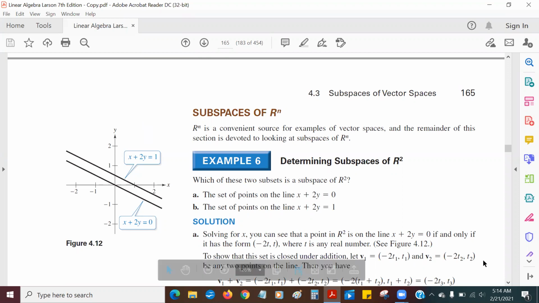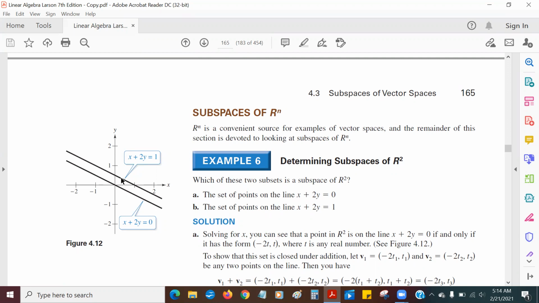So here's what we're going to say. The truth is there's a lot of ways I could show that the top line is not a subspace, because for one reason, it doesn't go to the origin. Now, who cares if it goes to the origin? Well, the origin is what the 0 vector is, 0, 0. So the fact that the top line does not go to the origin automatically disqualifies it from being a subspace. I don't have to really go any further.